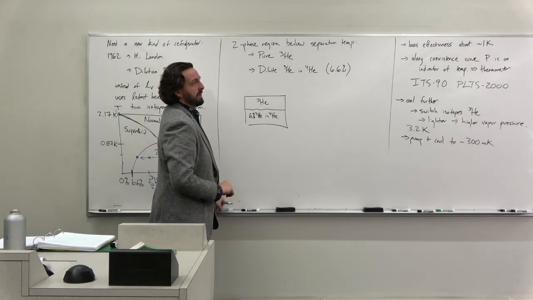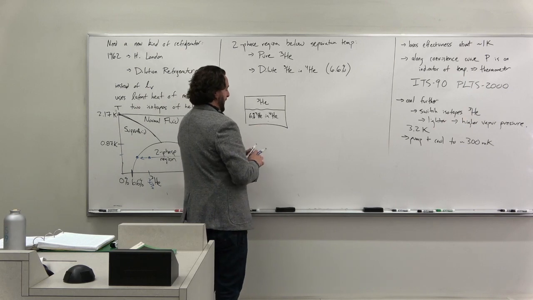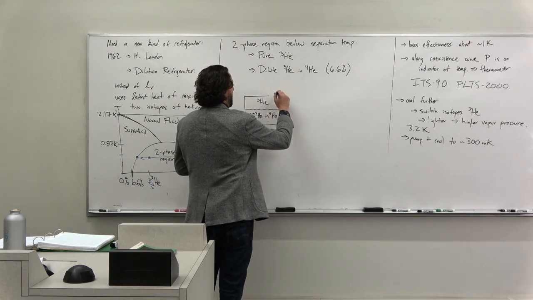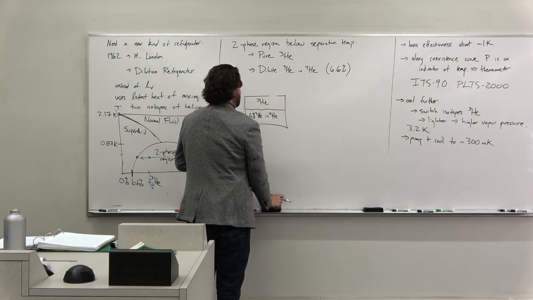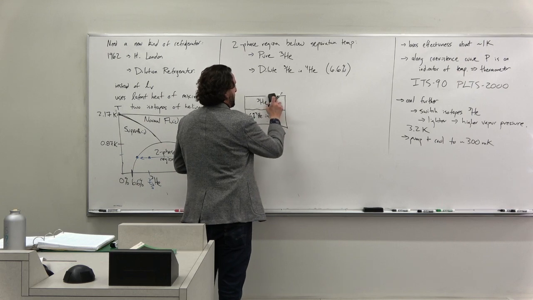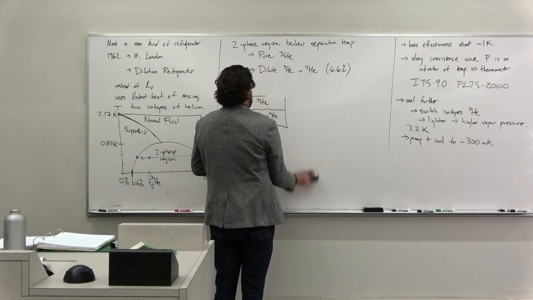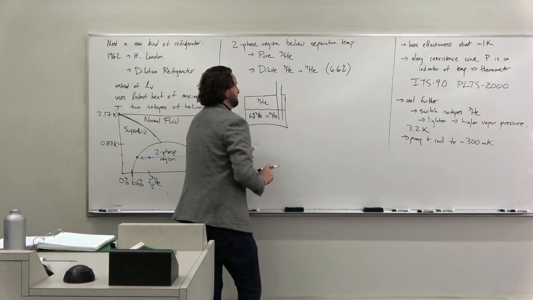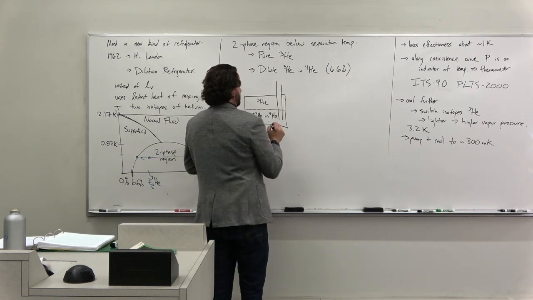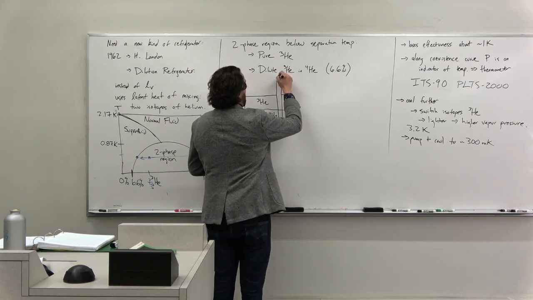So what happens in a dilution refrigerator is, it's weird, but you actually pump on the bottom. How do I want to show this? Let's show it like this. I'm going to have a tube that goes to the bottom of my liquid, and I'm going to pump on that.